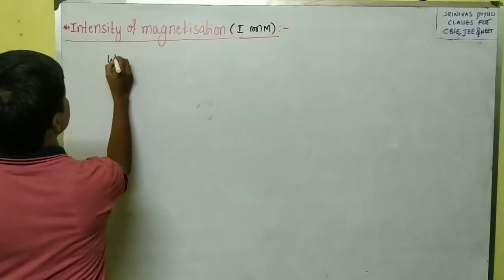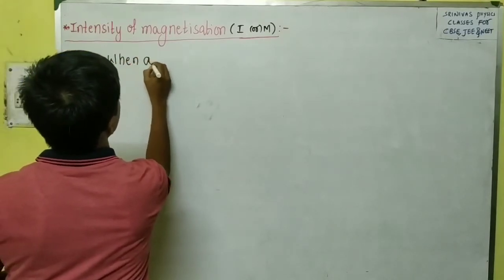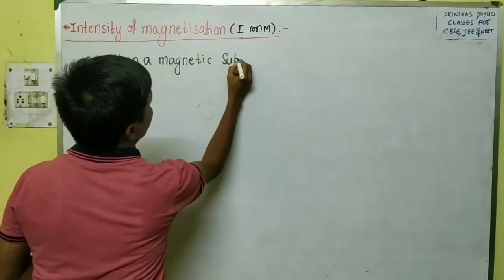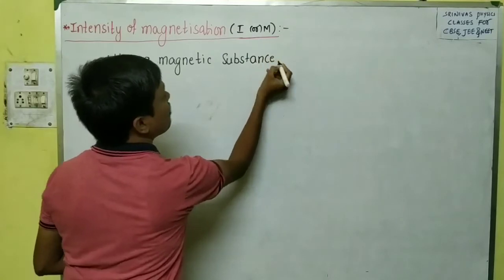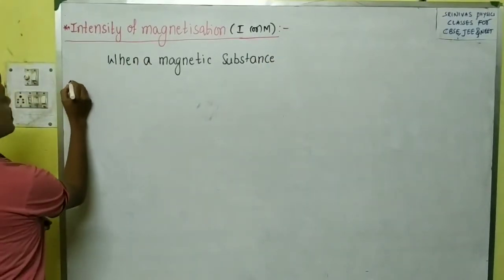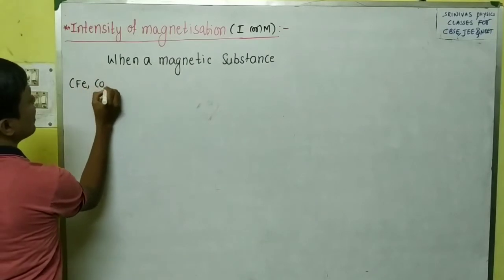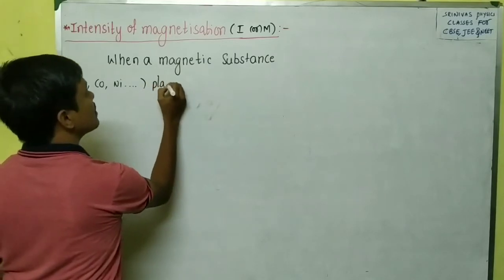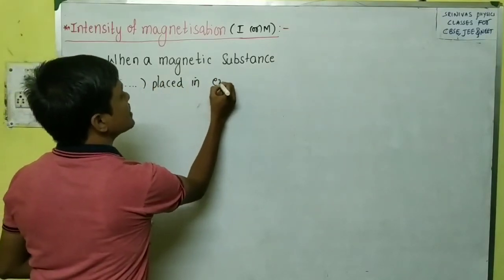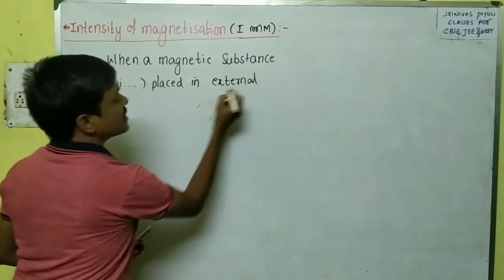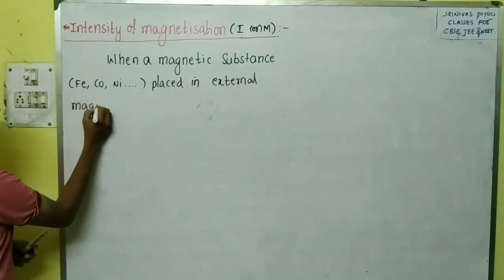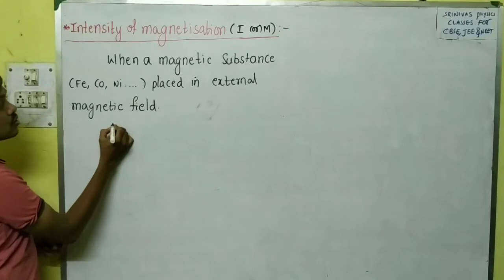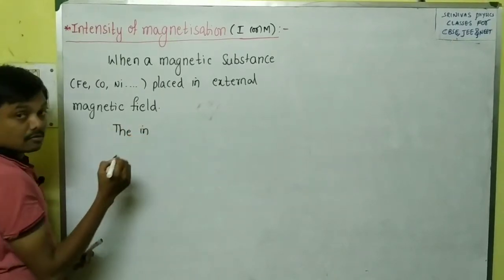What is a magnetic substance? A magnetic substance is iron, cobalt, nickel, like that. When a magnetic substance like iron, cobalt, nickel is placed in an external magnetic field, a magnetic moment will be induced.